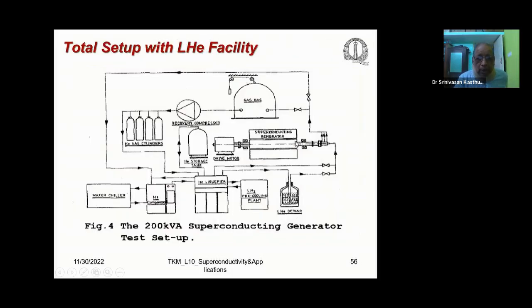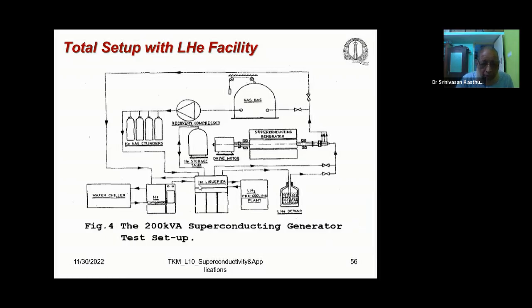And the overall system will be like this. There should not be any impurities in the gas that is coming back from the rotating machinery, and therefore you can use exactly the same gas directly for the helium liquefier and produce liquid helium out of that. For example, this is the total structure which was developed by BHEL Hyderabad.